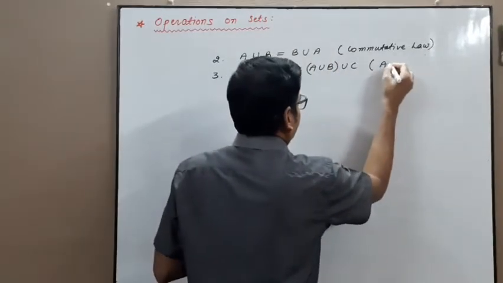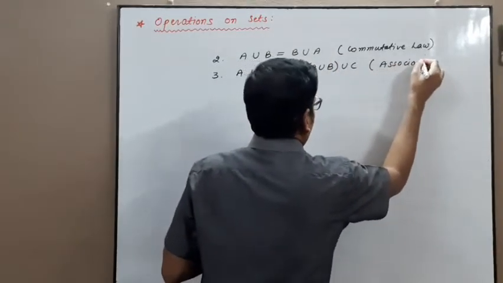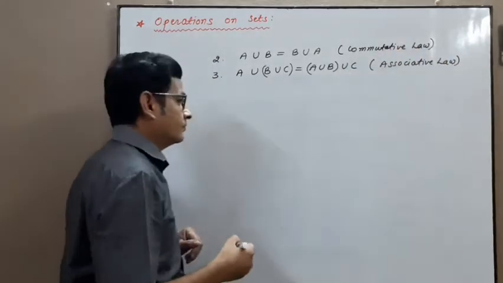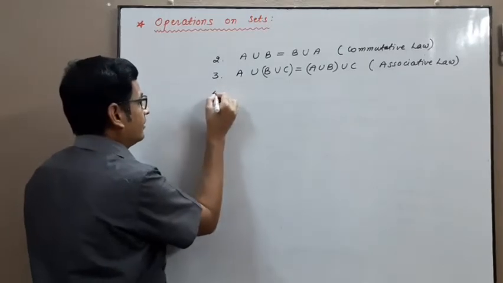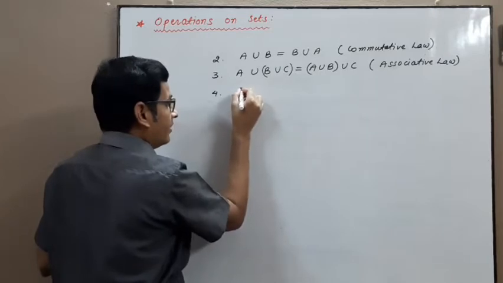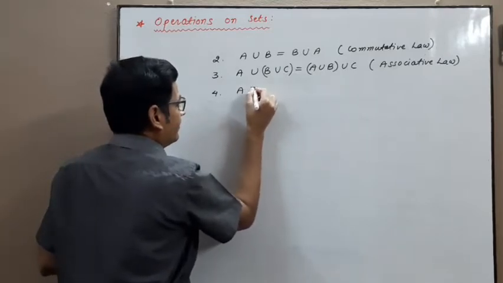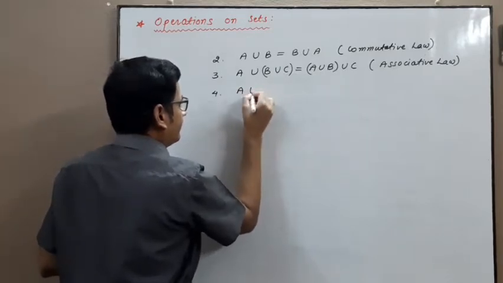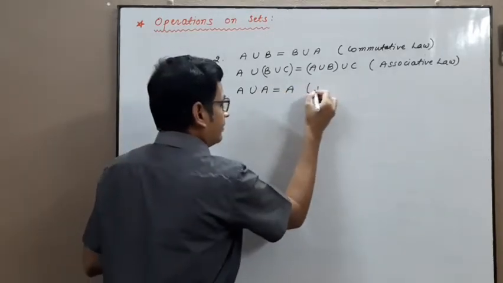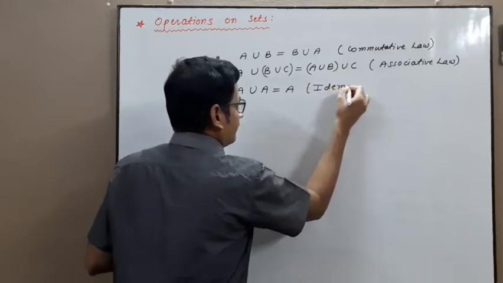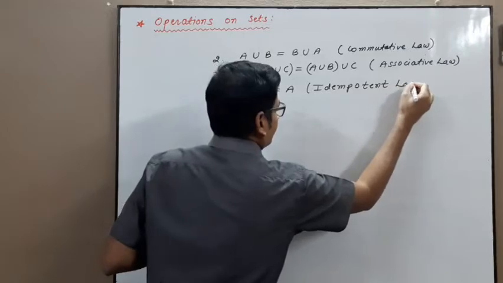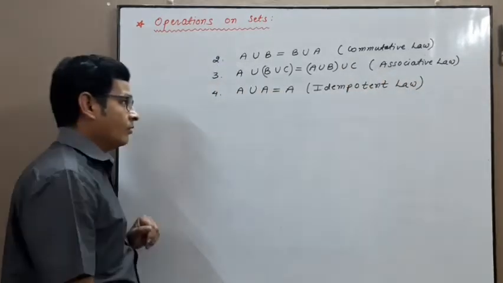Associative law. Fourth, idempotent law. A union A is equal to A. Idempotent law.